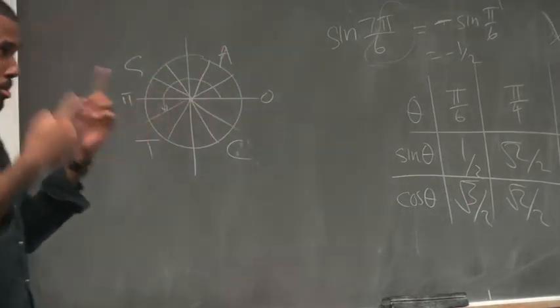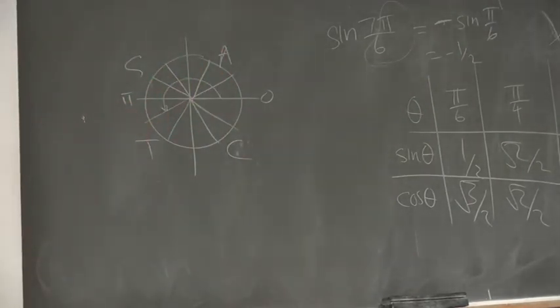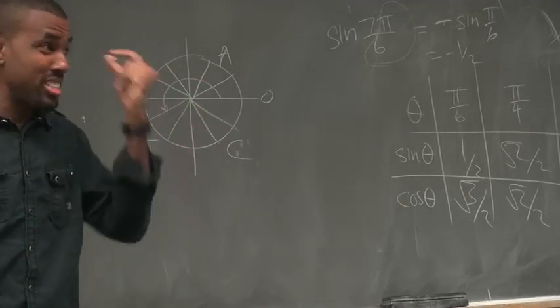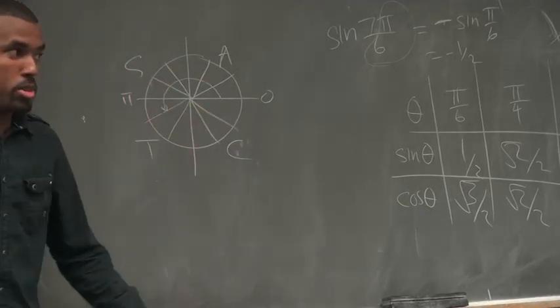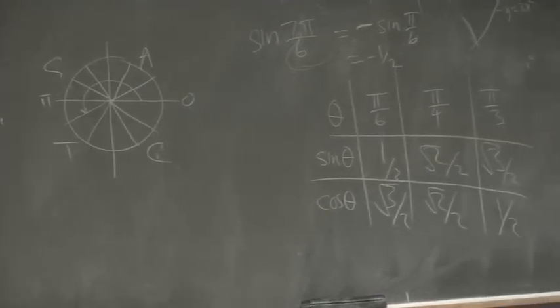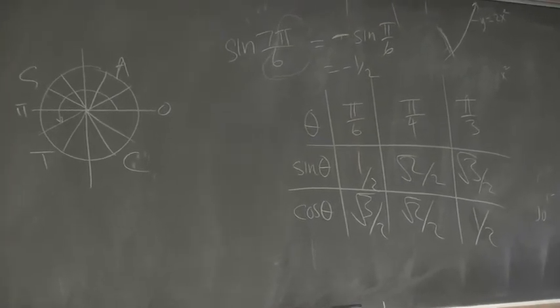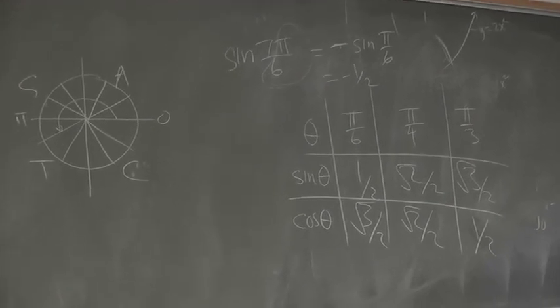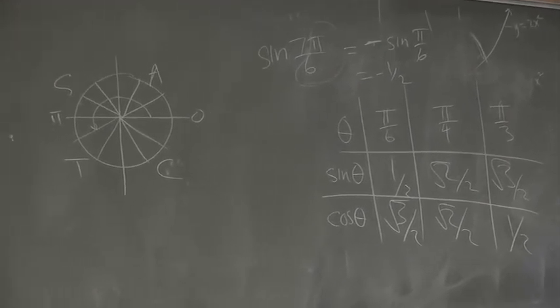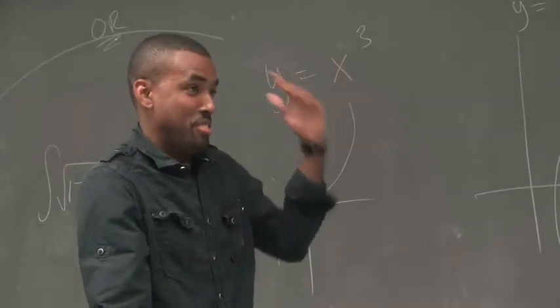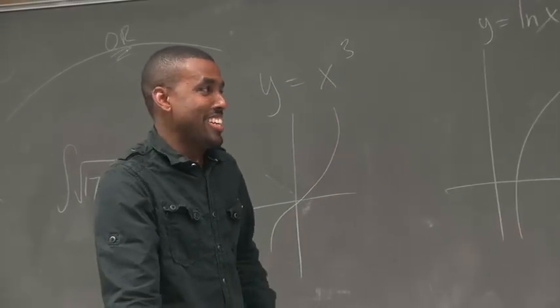If you don't know these things off the top of your head, you have to be able to come up with them really quickly, because you're going to be doing all this stuff I'm showing you in Calc 3 in the background. You need to be really quick and very flexible. You need to remember everything you've done before. Because you're not only doing Calc 3, you're doing it in the summer, which means you're either a masochist or highly motivated or something like that.